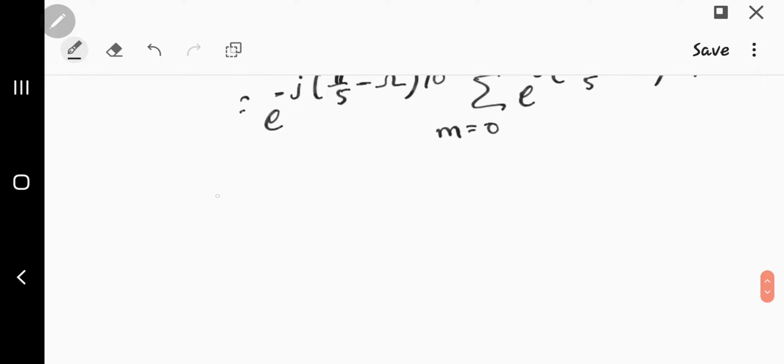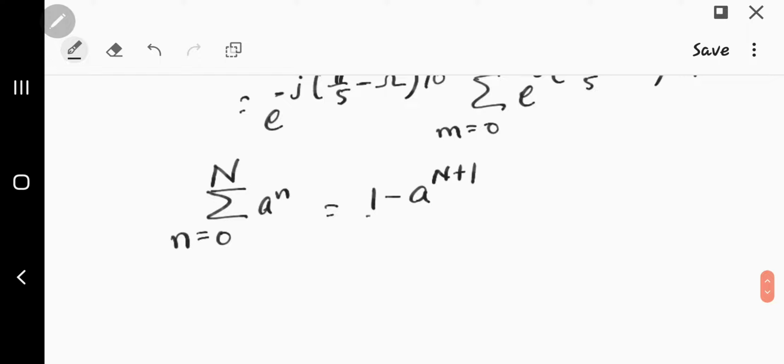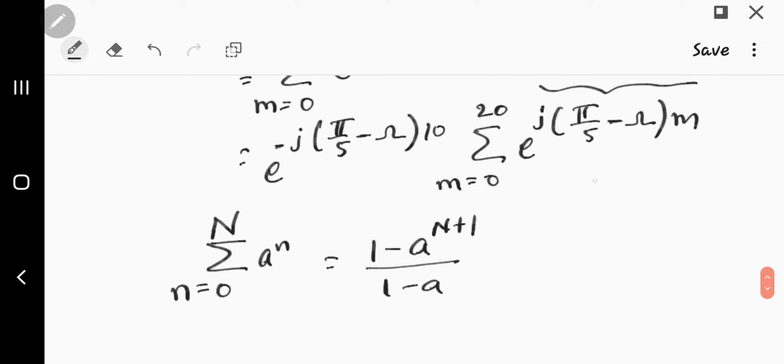So now from the geometric series, we have something like, if n is varying from 0 to n, a to the power of n, so that can be written as 1 minus a to the power of n plus 1 divided by 1 minus a, if a is less than 1. Now based on this, we can write our expression as, so I am applying this to this one.